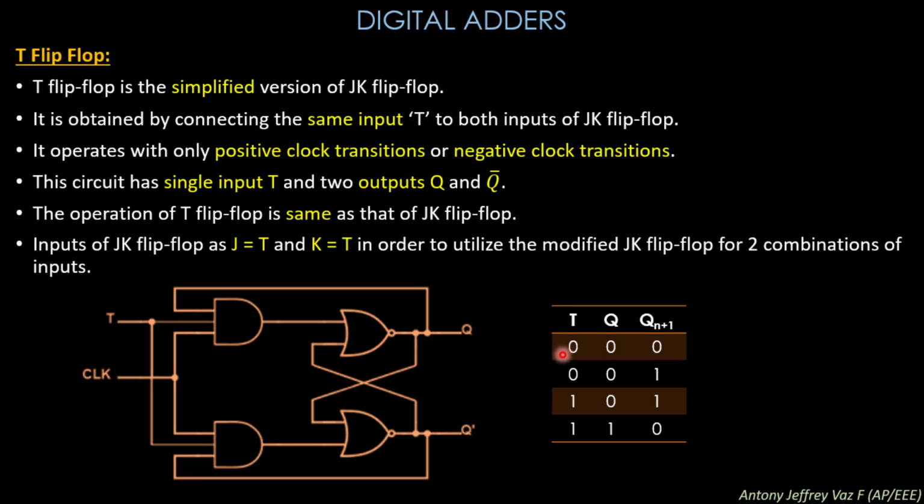In order to utilize the modified JK flip-flop for two combinations of inputs, the state table is shown here. You may see that when T is 0, the transition between the present state and the next state remains the same.